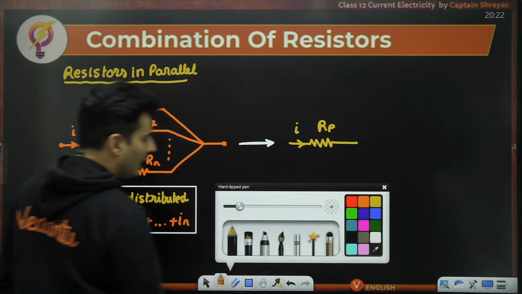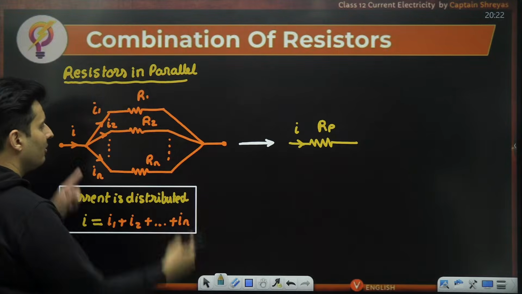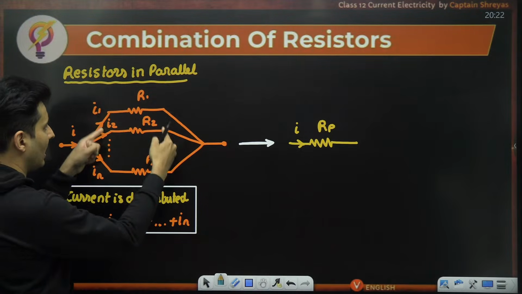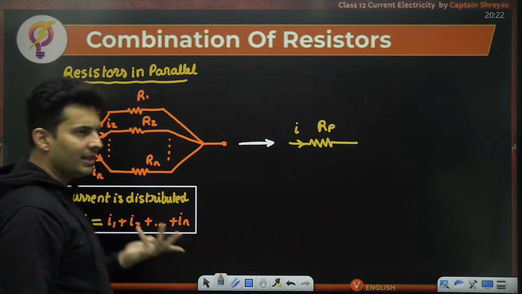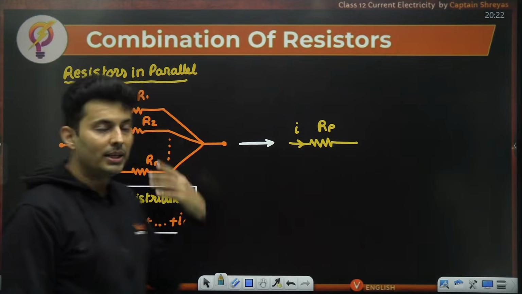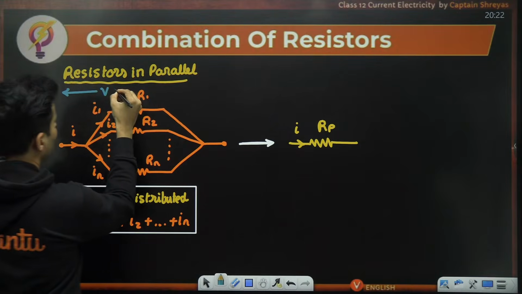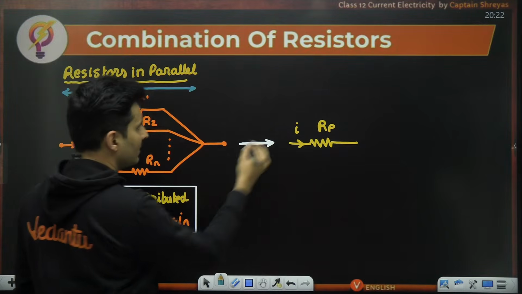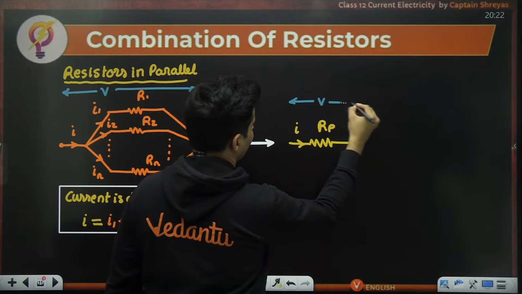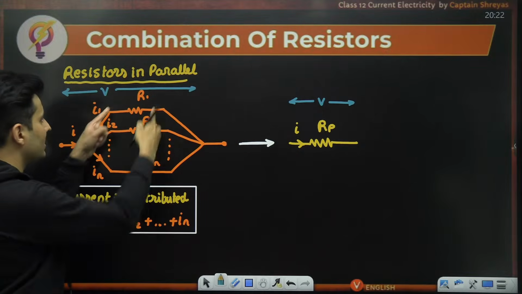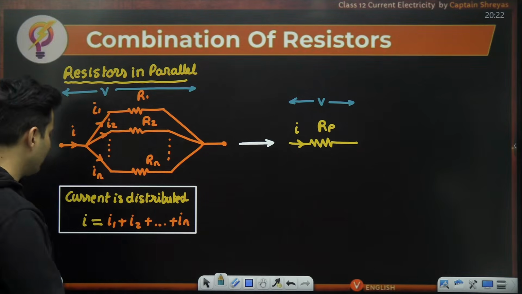Not just that, I also notice that whether I measure the voltage across R1, R2, R3, R5, anything, or this, the voltages will be the same. Whatever voltage drop will be there across these resistors is also across this resistor, and this voltage is the same across all the resistors.